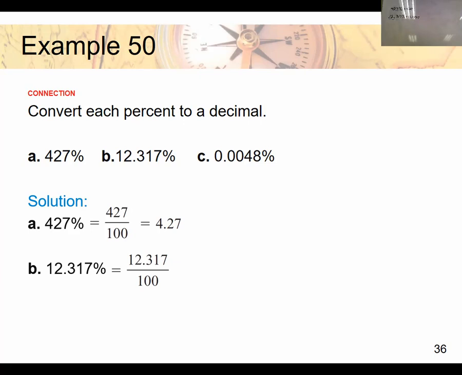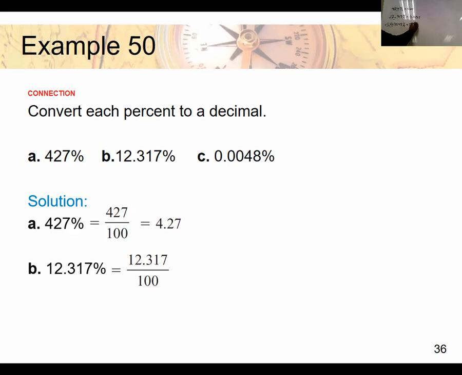And then finally for part C, 0.0048%. So again, we drop this percent sign. Now here we're gonna have to move the decimal point 2 places to the left. That also means I need to add a 0 in front of that. Okay.